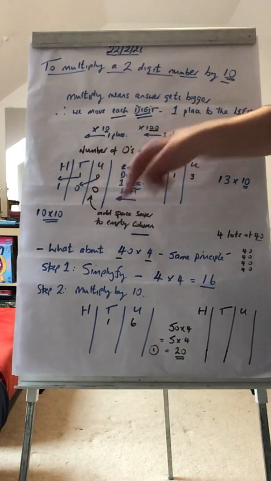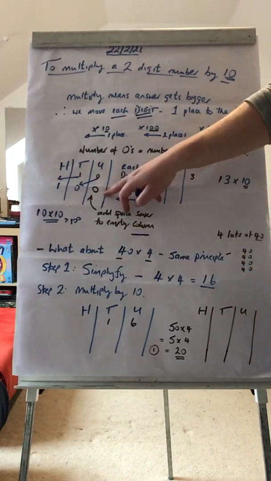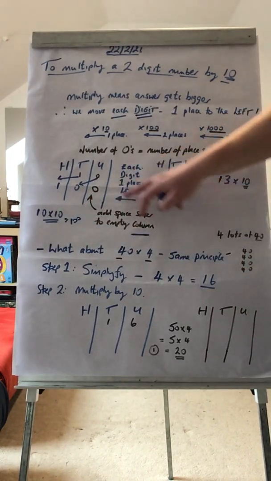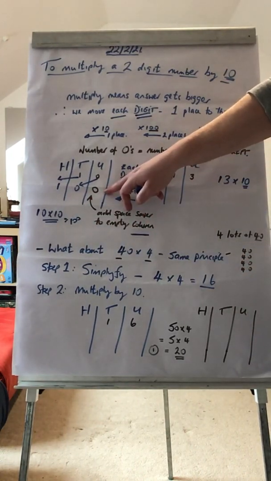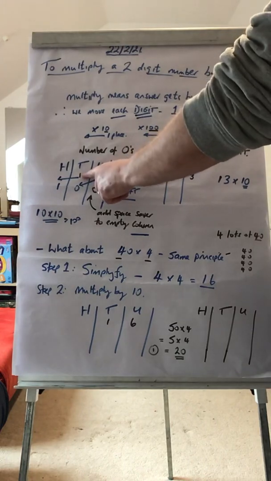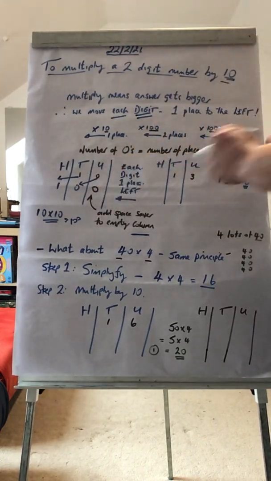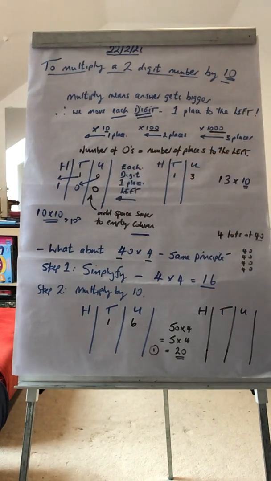The answer is 100, but make sure when you write it, your space saver number goes in. The 0 goes into the units column, so that visually it's 100. The 1 moves 1 place, the 0 from the units column moves 1 place, and then we put our space saver in to indicate that the answer is 100. We are moving each digit 1 place to the left.